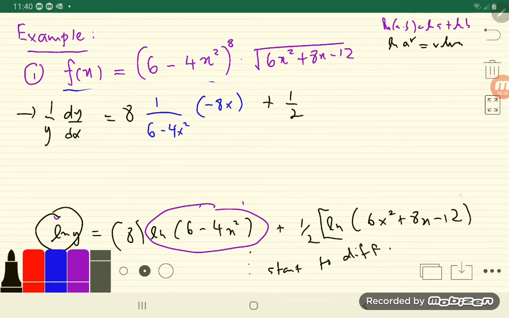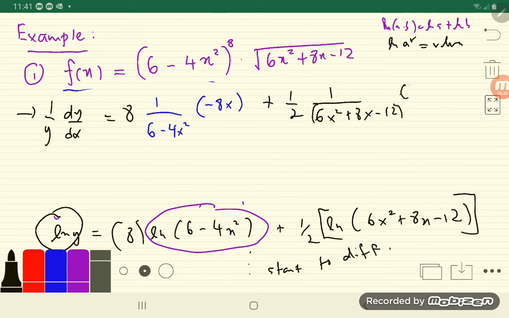And from the ln up until this part, you differentiate it by using the formula. What is the formula for differentiating ln? You are going to get 1 over (6x squared plus 8x minus 12). Then don't forget to differentiate all this term.